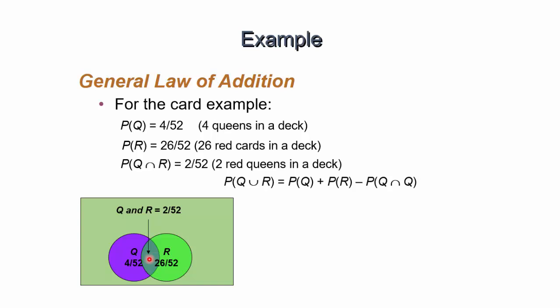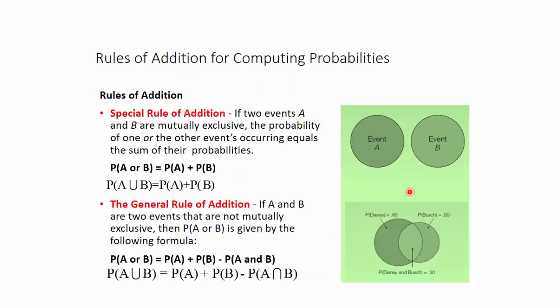But the red queen, which is the common point between queen and red, is added 2 times. Once when you add the queens, once when you add the red cards. So that needs to be deducted. That's P of Q intersection R. So that's 4 out of 52 plus 26 of 52 less 2 of 52. That's 53.85%.